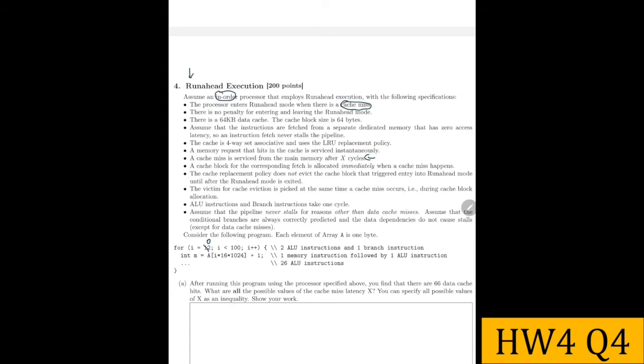So if we activate Runahead and we bring one cache block into the cache, and this cache block is the one responsible for entering Runahead, you cannot evict it from the cache. So imagine activating Runahead for this piece of data. If you bring this piece of data into the cache, you cannot evict it until you exit Runahead.